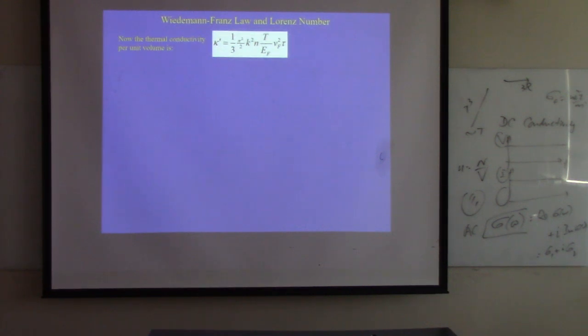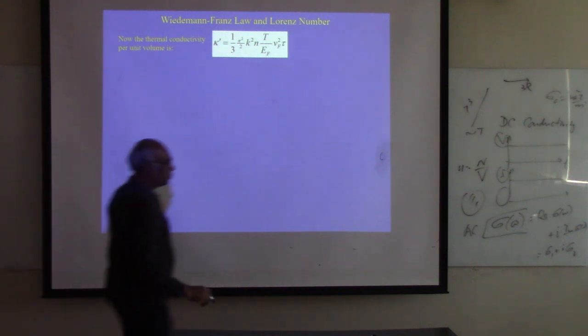You can see v_F squared cancels, and then you basically get pi squared k_B squared N over 3m times tau times T. This is your K prime value.